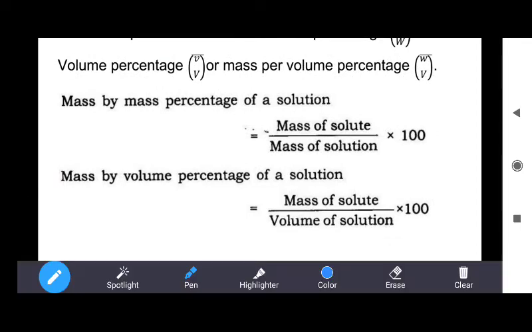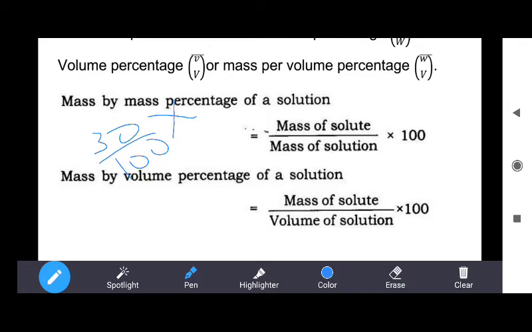By mass percentage, you can determine the mass by mass percentage of a solution by the formula: mass of solute upon mass of solution into 100, as the percentage is determined from the total. Suppose you got 30 marks out of 100, then you will express it like this.